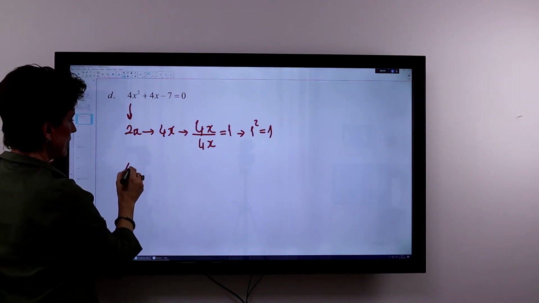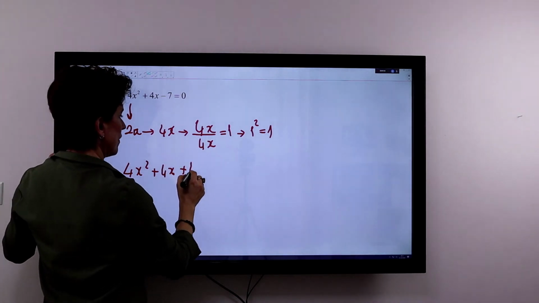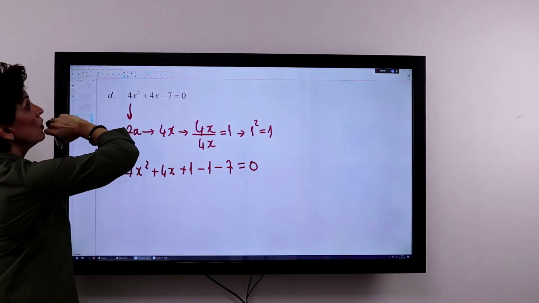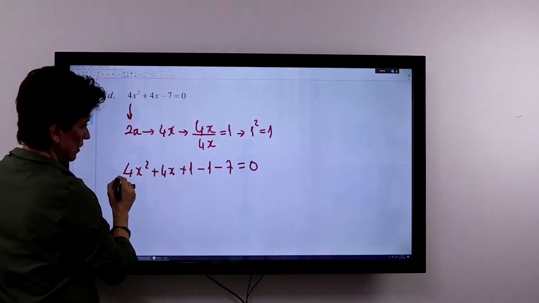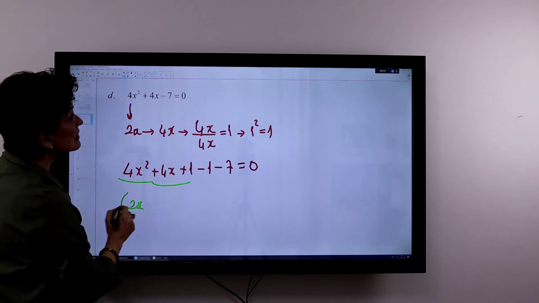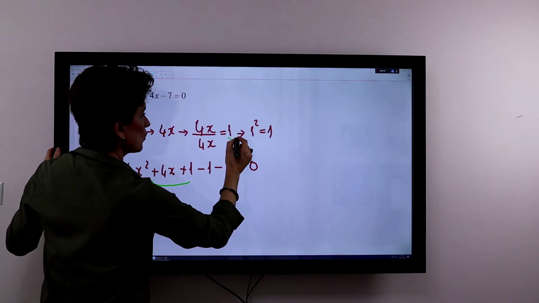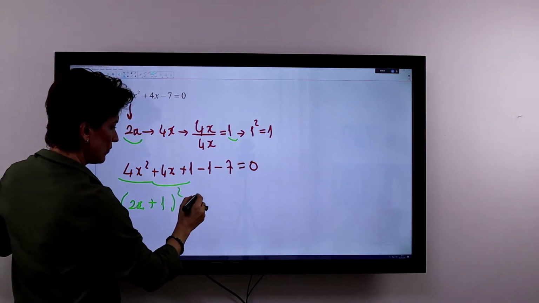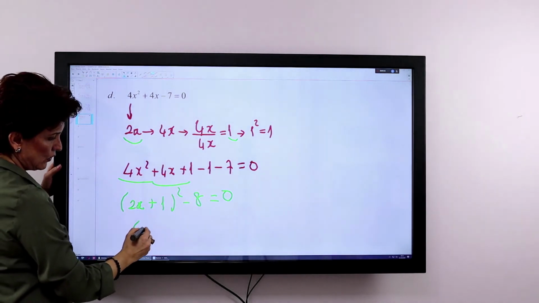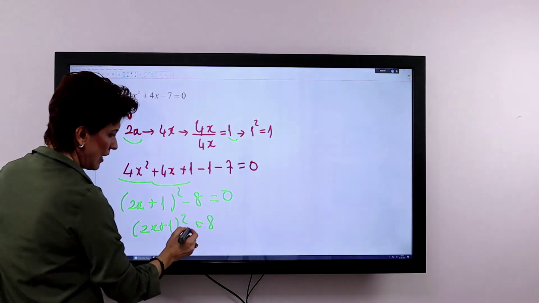Here, 4x² + 4x + 1 - 8 = 0. The first 3 terms are (2x + 1)², with first term 2x and second term 1, and here we have negative 8. If I move negative 8 to the right-hand side, (2x + 1)² is 8. Got it?